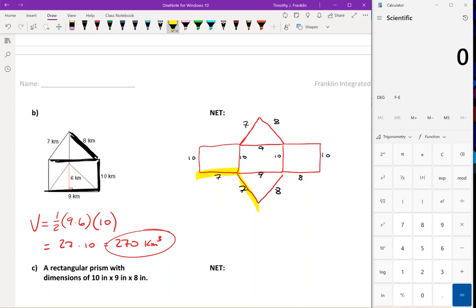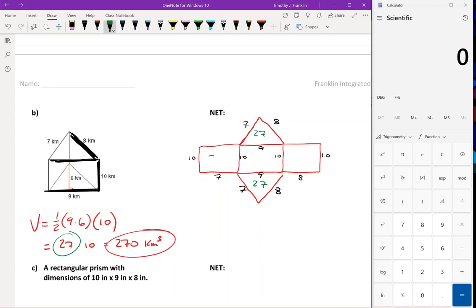Because these sides have to line up and be the same, and these sides have to be the same. So there we have our net. A little complicated, but it's really just a matter of unfolding this shape and seeing which sides are which. So now we just find the areas of each side here. We know the triangle has an area of 27, so both the triangles have the same area.